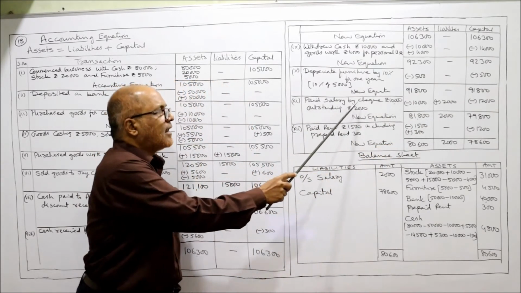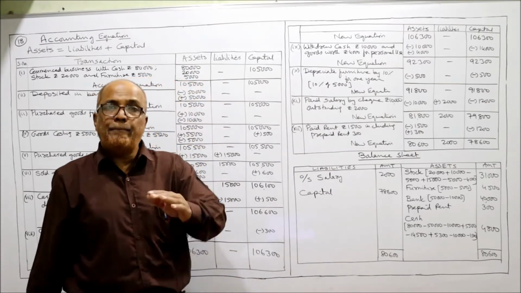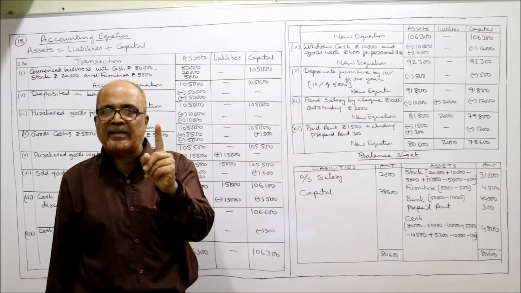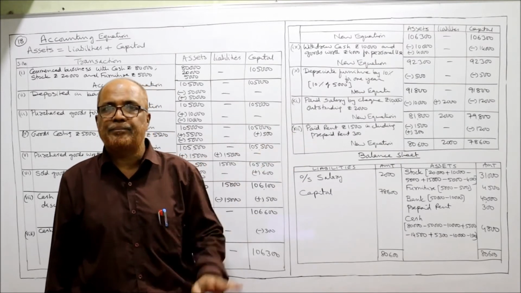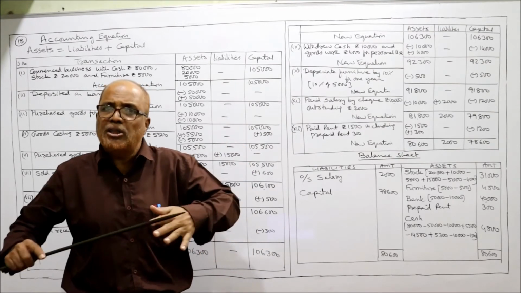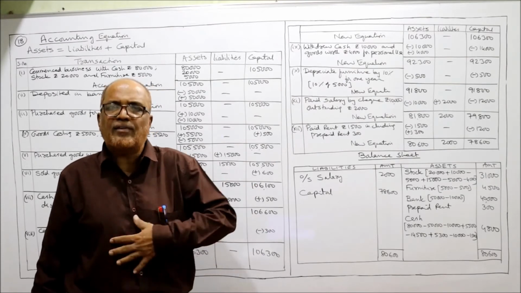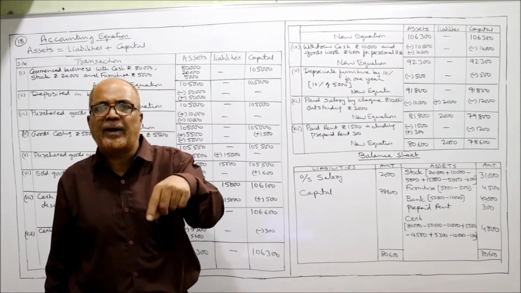Next one, paid salary by check 10,000, outstanding salary 2,000. First of all, salary is an expense. The expense will be deducted from capital, as I have told you many times. Because we are following the accrual system of accounting, we take the total expenditure, whether paid or not.